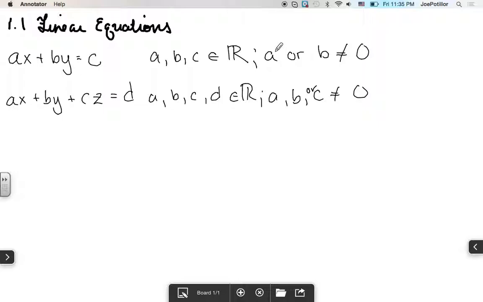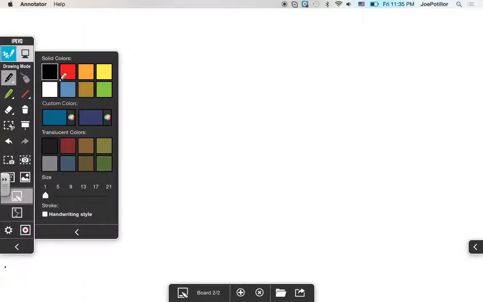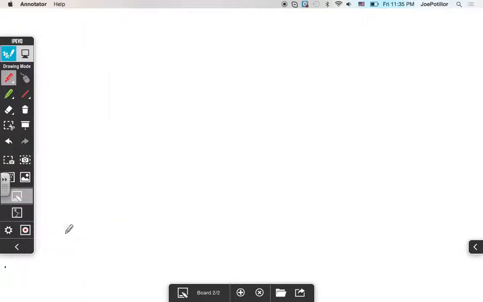And so we extend this to give a formal definition of a linear equation. So let's give this definition. For that, we'll change the color of the pen. Definition. It is just fancy wording.